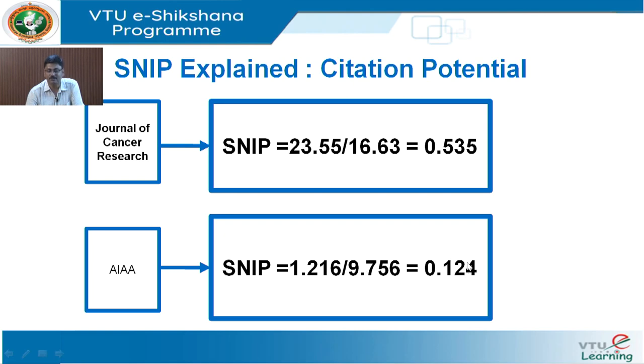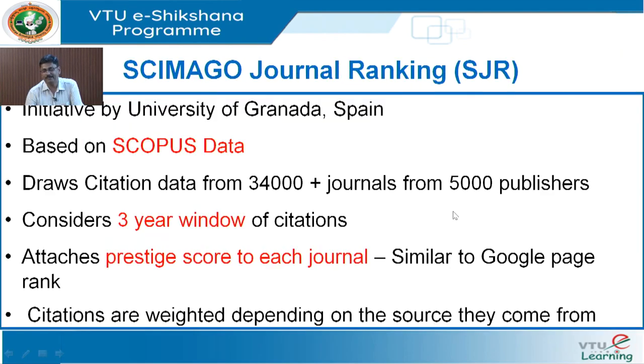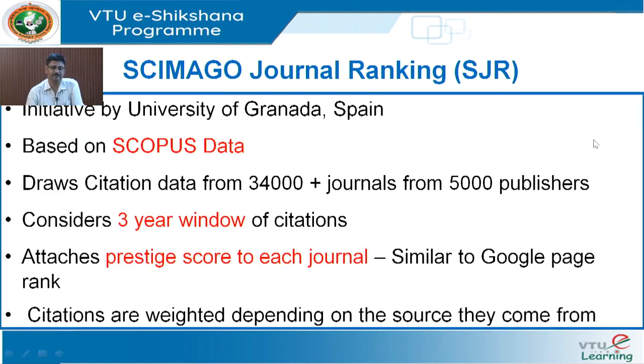So the SNIP score is 0.124. Comparing 23 and 1 versus comparing 0.5 and 0.1 is somewhat better, right. So we can have better inferences from this. Okay. So the impact is normalized to some extent. So that is how SNIP is calculated.